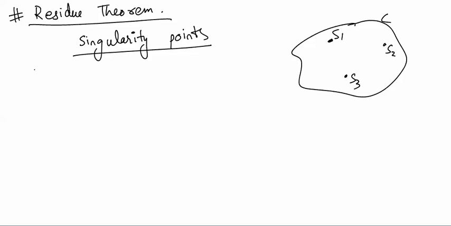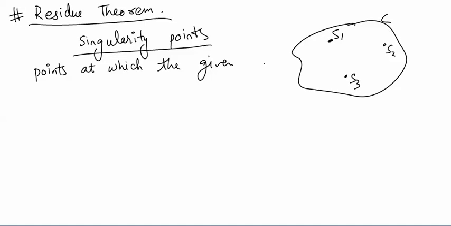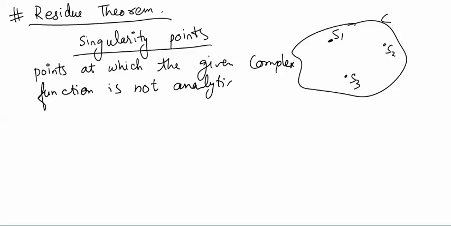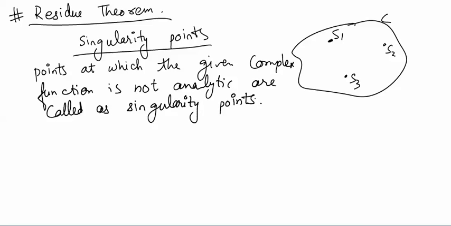So we can write down: points at which the given complex function is not analytic are called singularity points, right?